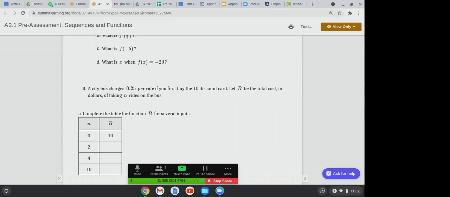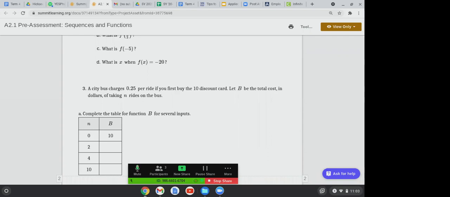So okay, they're telling us before we take any rides, it just cost us $10 because we bought the card. And then they wanted you to determine how much would have been spent if you take 2 rides, 4 rides, 10 rides.